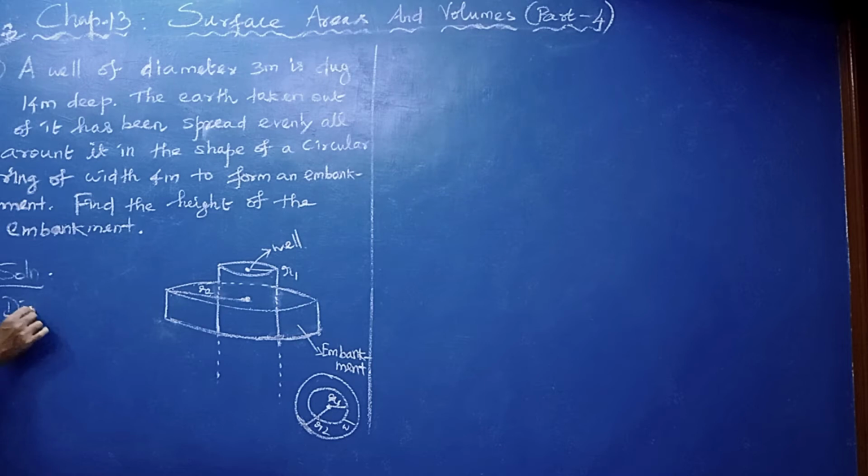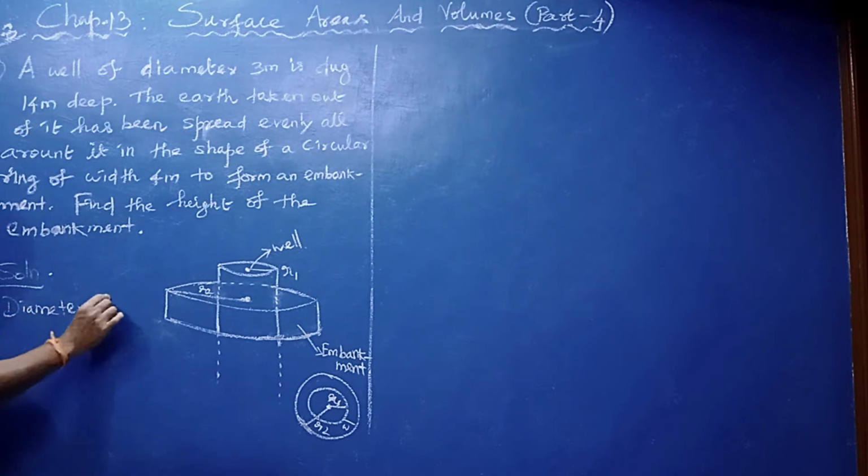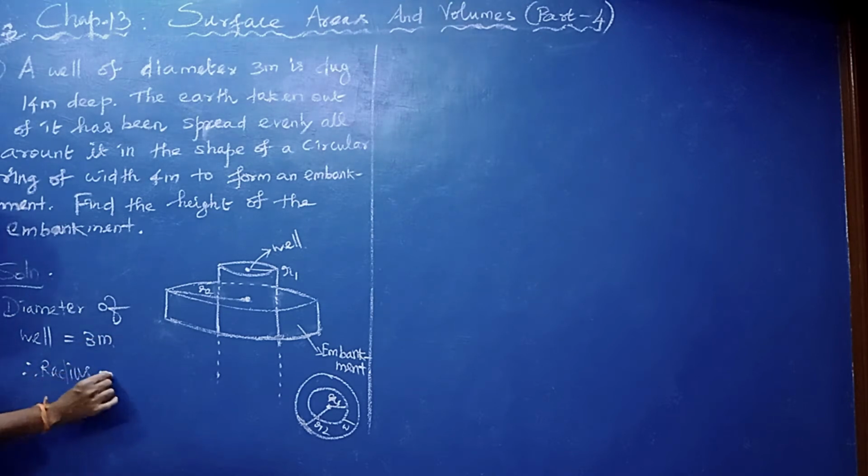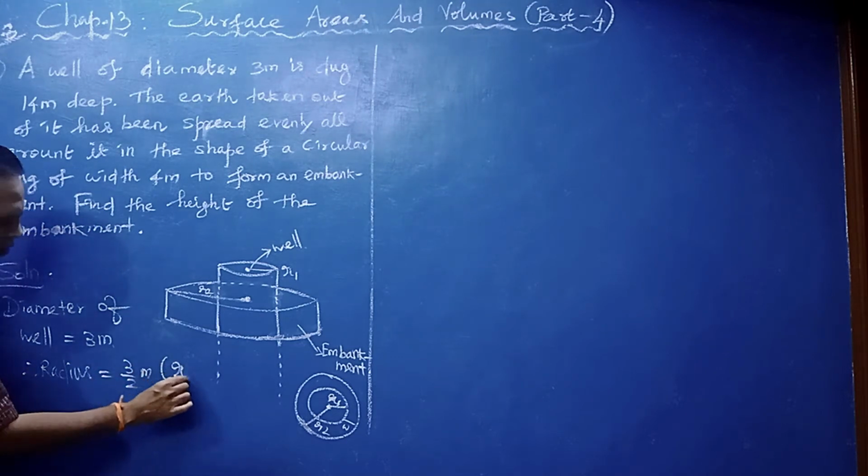Diameter of well is given, 3 meter. Therefore, radius of well is 3 by 2 meter. That is R1, you take it.